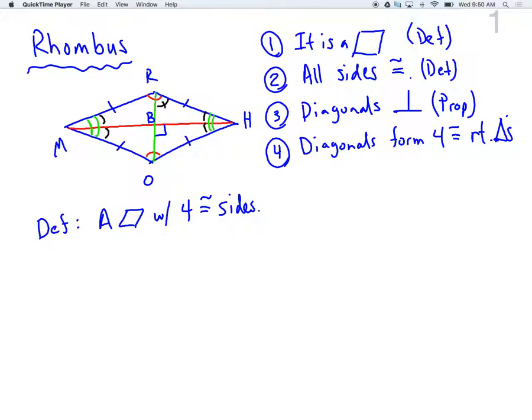And this angle would be equal to this angle, and this angle would be equal to that angle. By doing the isosceles triangle thing a couple different ways. How do I summarize that? What are those diagonals doing? Yeah, diagonals bisect the vertex angles.